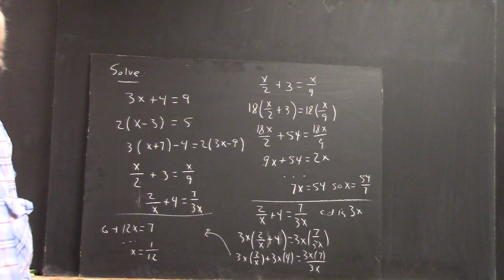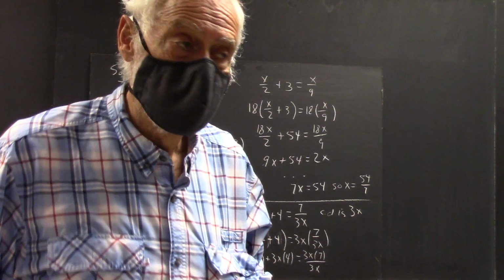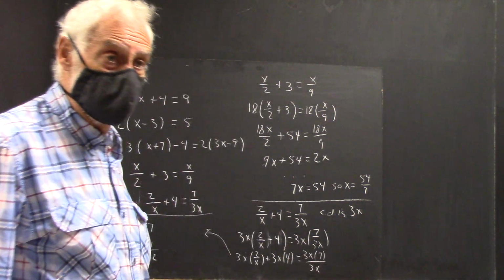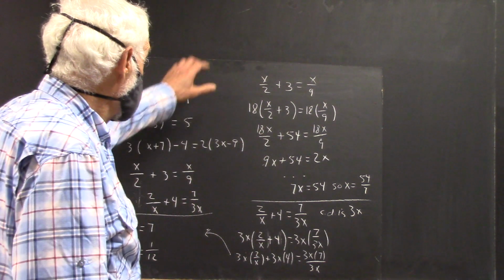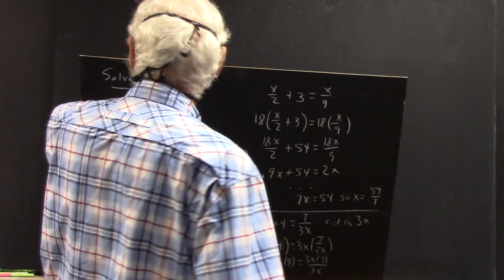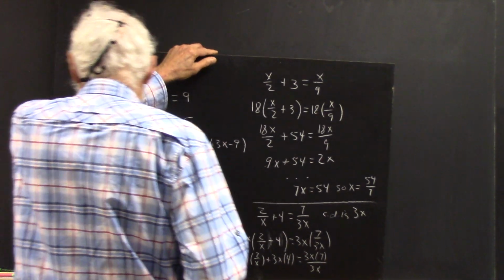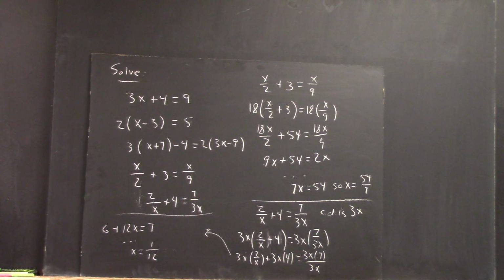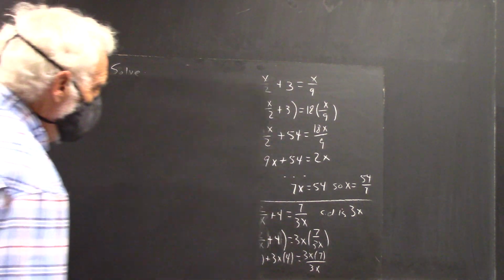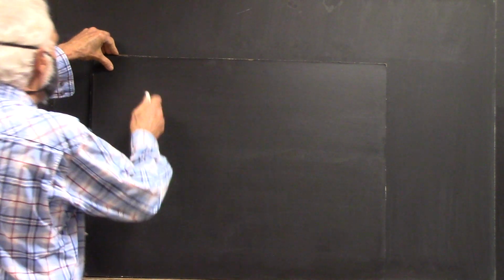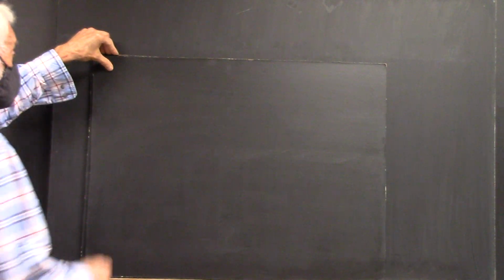Okay? So again, this is a little more complicated because you got that x as part of your denominator. But it shouldn't trouble you overly much. Now I need to do a quick introduction. Something here. Let's take an equation much like the one we just did.